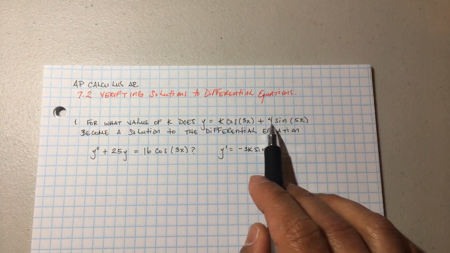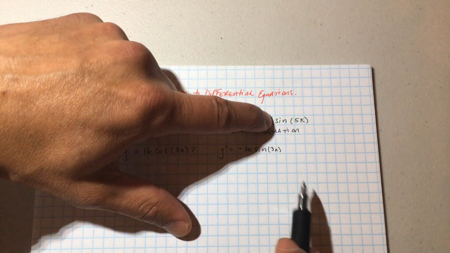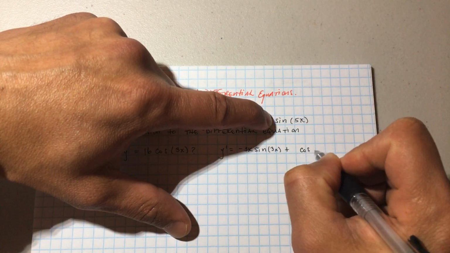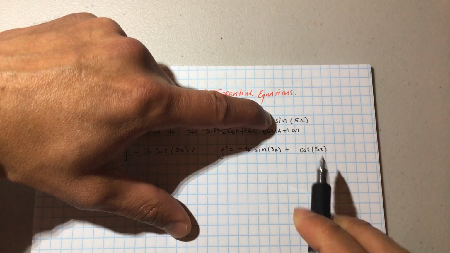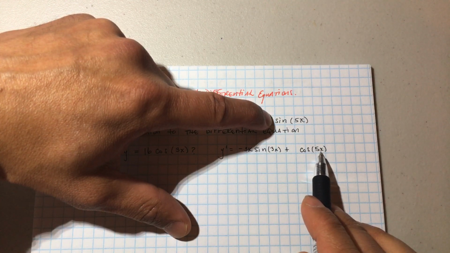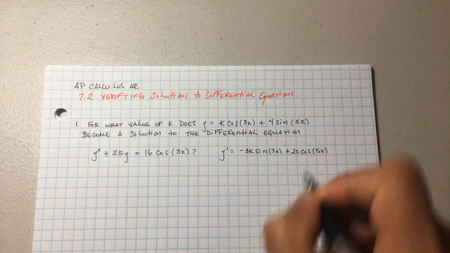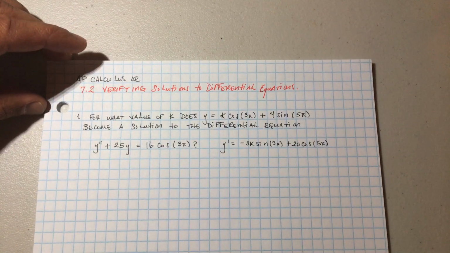Plus the derivative of this: cover up the 4. The derivative of sine is cosine, cosine of 5x times the derivative of the inside, which is 5. And so 5 times the 4 would give you 20. So that's the first derivative.